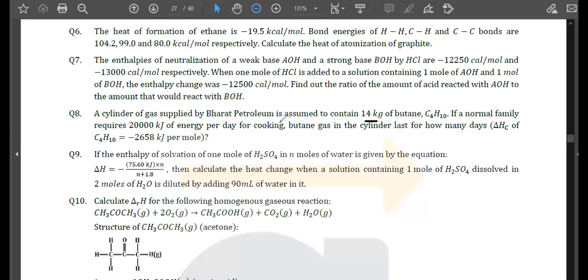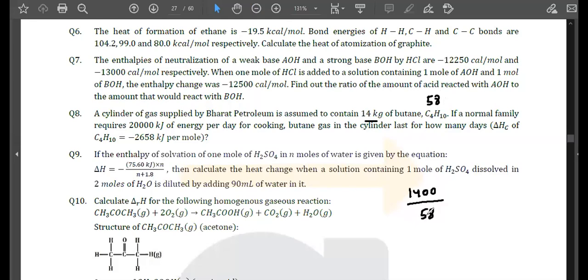What is the molecular weight of C4H10? The weight would be 58. Yes or no? Then number of moles will be 1400 by 58.